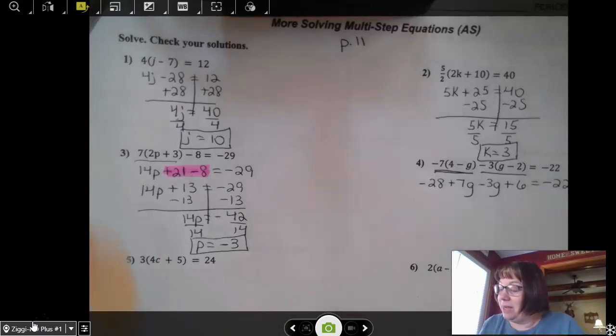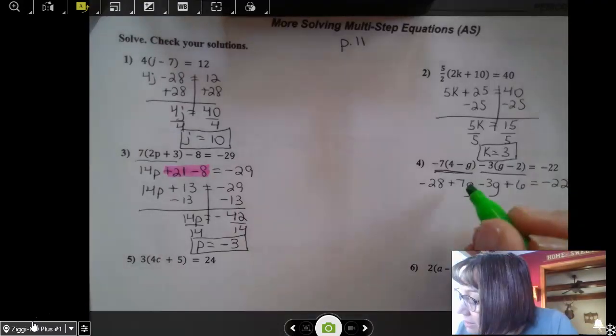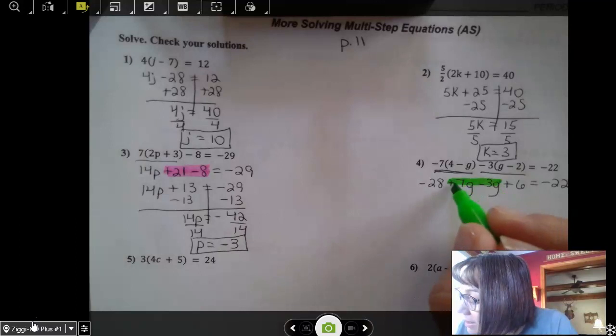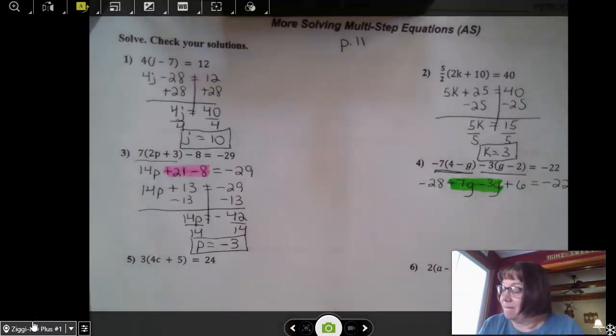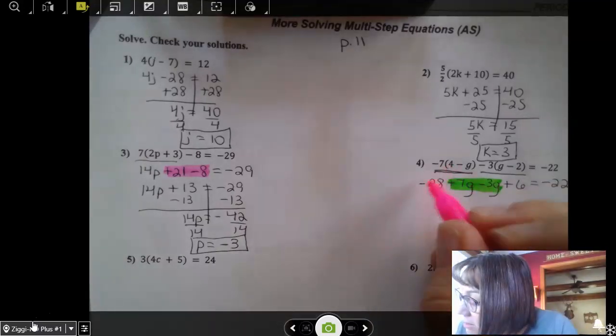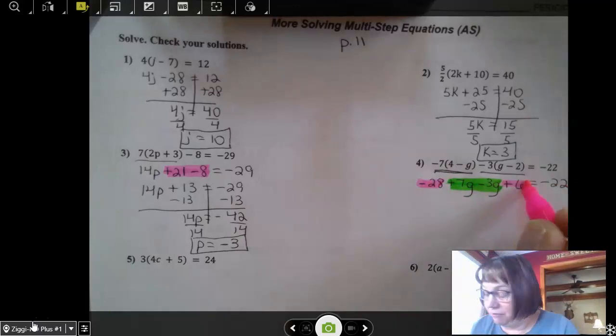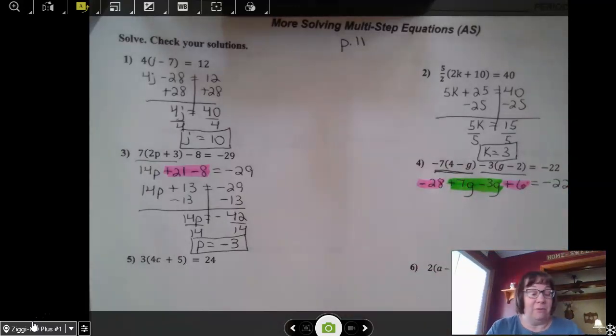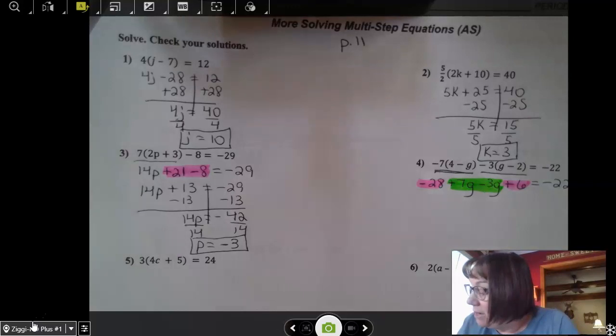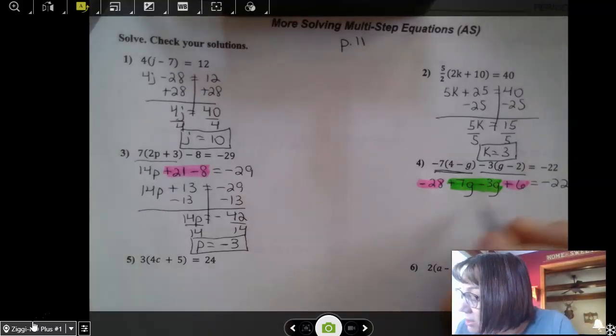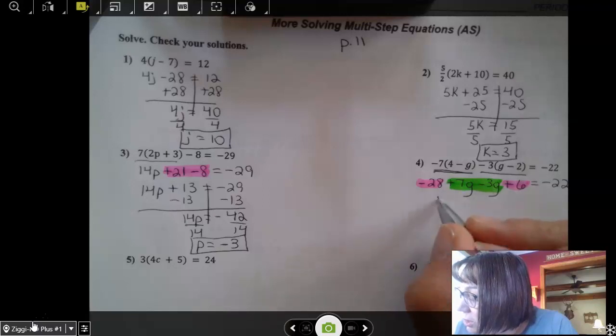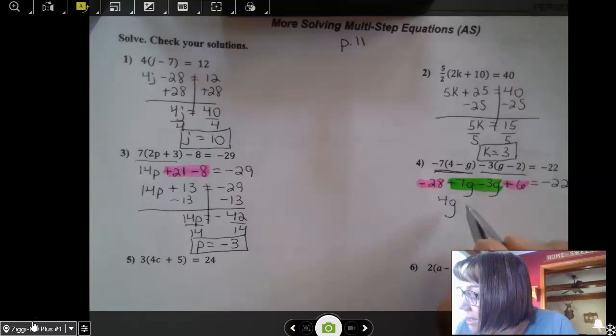Now I'm going to highlight my terms that are the same and rearrange. Now again, if your brain is ready to do this without highlighting, you may go ahead and just rearrange when you see this. So 7g take away 3g would be 4g, and then I have a negative 28 plus 6 would be negative 22.